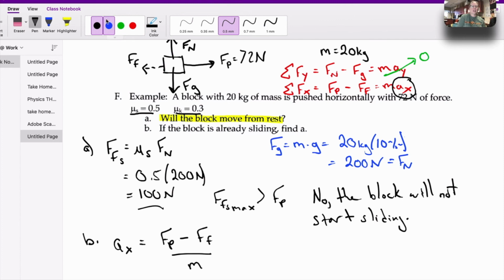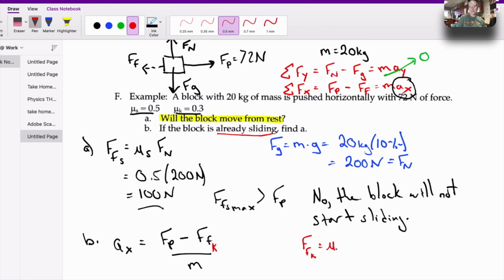Force of friction. This block now is already sliding. So if it's already sliding, what kind of friction is opposing the motion? So it should be kinetic friction that we need to find. And I have found the force of static friction. I have not calculated the force of kinetic friction. So the first thing I'm going to do is calculate that force of kinetic friction. I'm using my fun equation again.